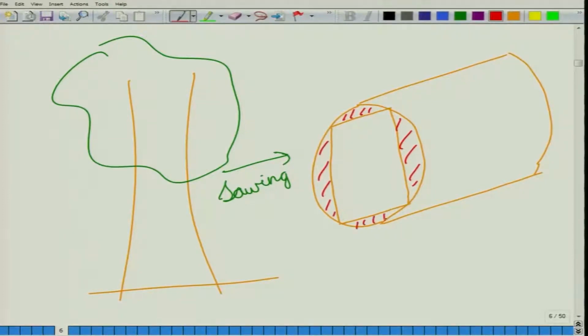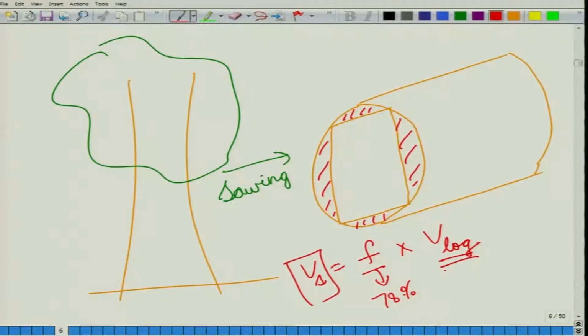We can either calculate the whole volume and then find out the volume of the sawn timber to be some factor f times the volume of the log. In the case of the quarter girth formula, we calculated this f to be approximately 78%. So, we can either write it as a fraction of the volume of the log, or we can directly multiply all the values of volume of the log with this factor and directly note down the volumes of the sawn timber.